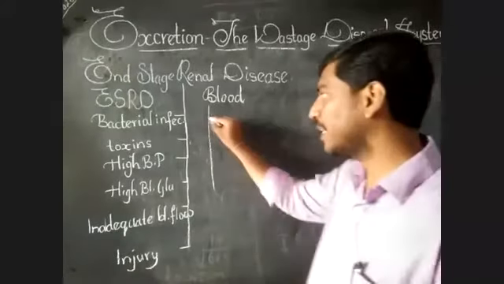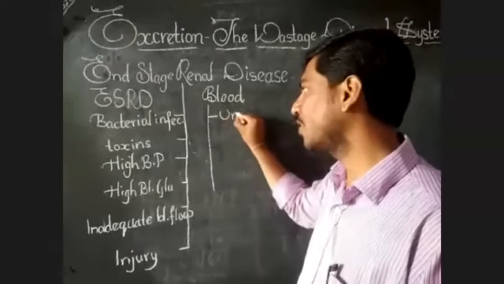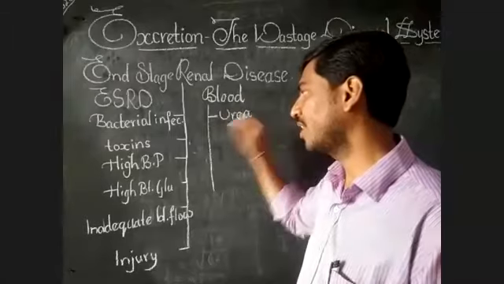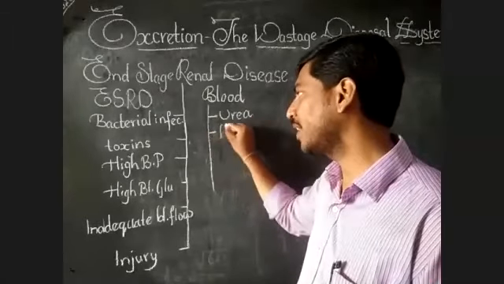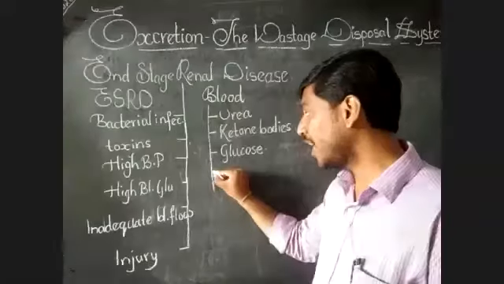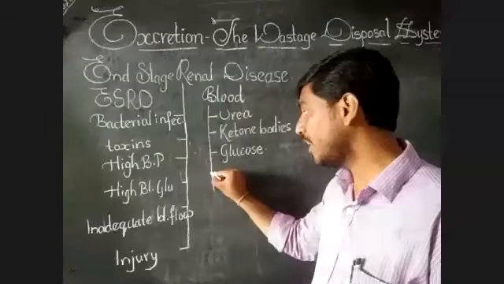The blood contains a high amount of urea, or it may contain ketone bodies. All these are metabolic wastes.